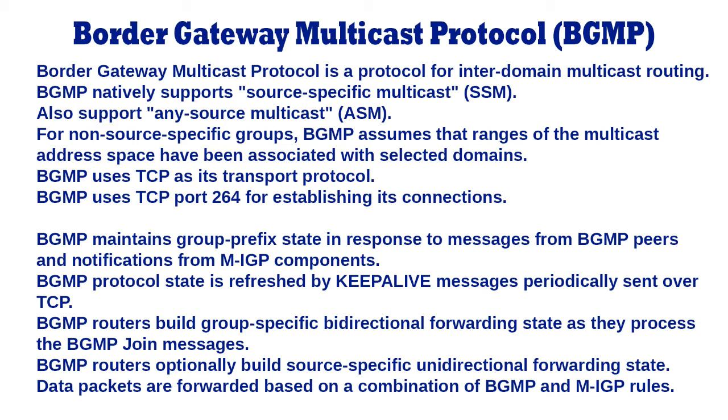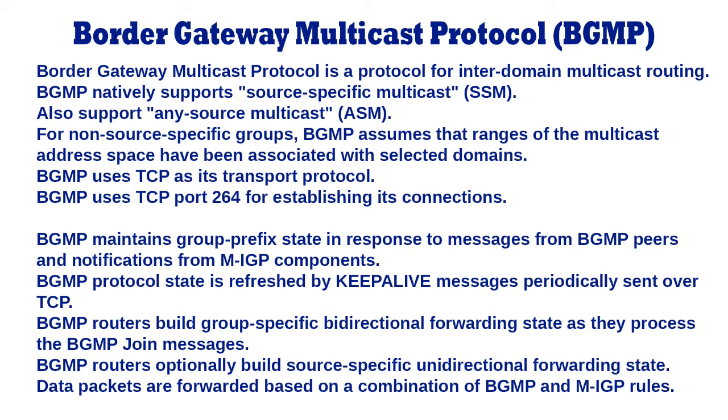Data packets are forwarded based on a combination of BGMP and MIGP rules. The router forwards to a set of targets according to a matching (S,G) BGMP tree state entry if it exists. If not found, the router checks for a matching (*,G) BGMP tree state entry.